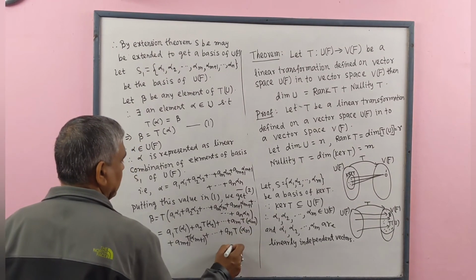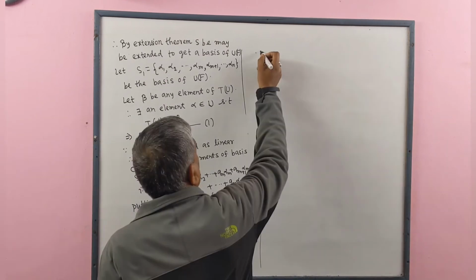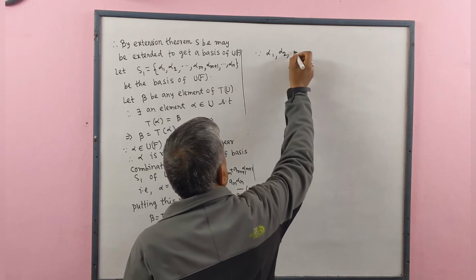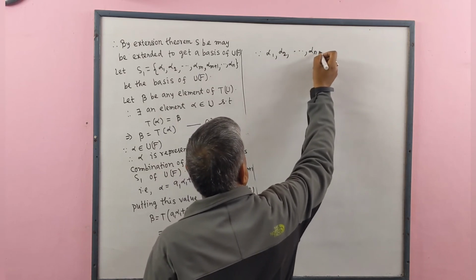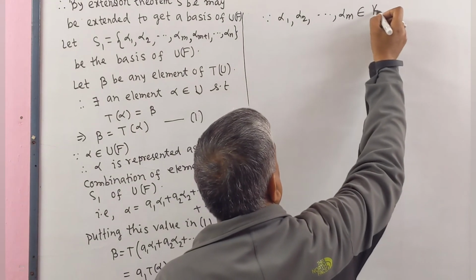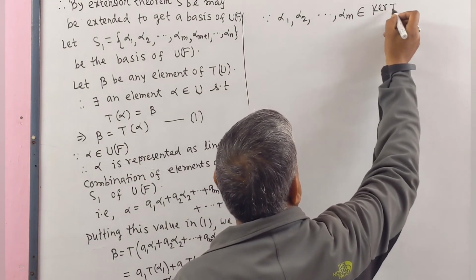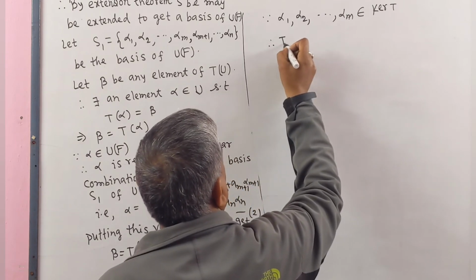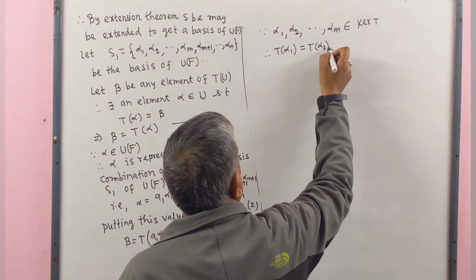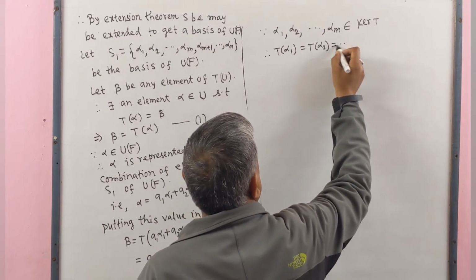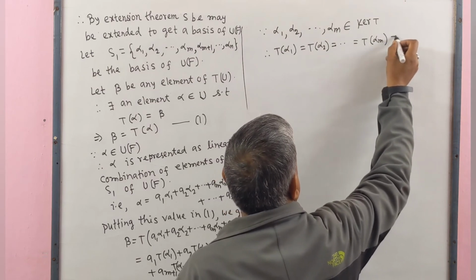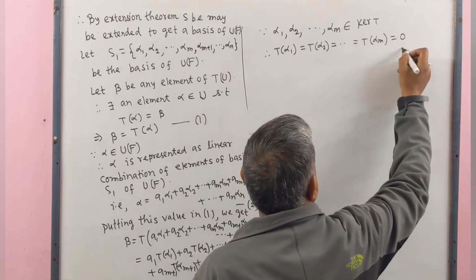This is number 3. Since alpha 1, alpha 2, ..., alpha m belong to ker T, therefore T alpha 1 equals T alpha 2 equals ... equals T alpha m equals 0. This is number 4.